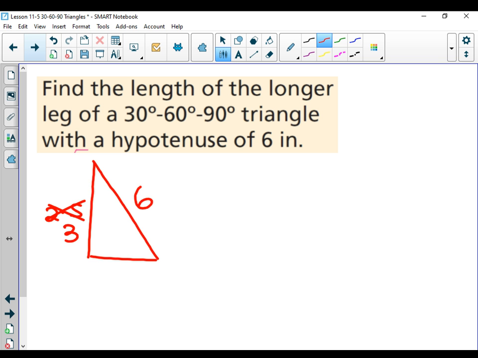Ellie, now I know. I wrote it in the wrong spot. You do 3 times 3 squared. Sorry. Square. Ellie, now I know the short leg. How can I find the long leg? What does it say for long leg on your paper?